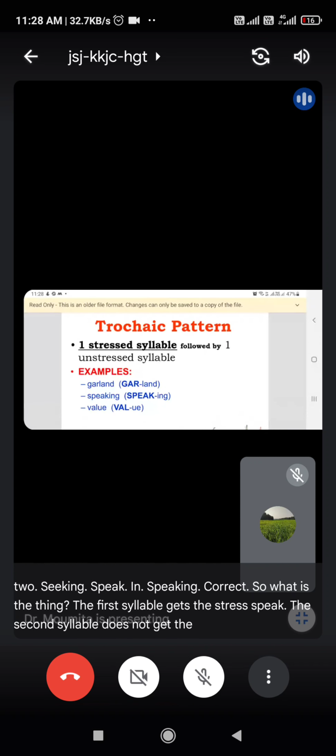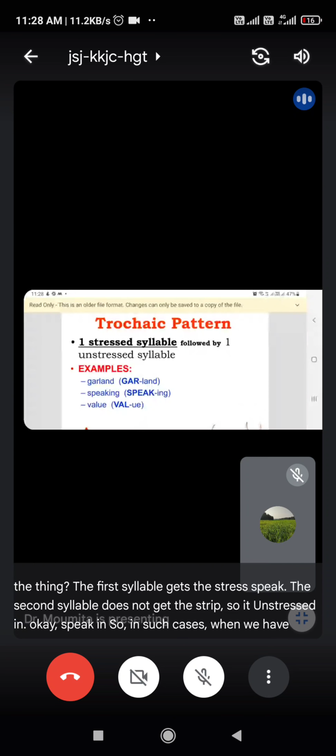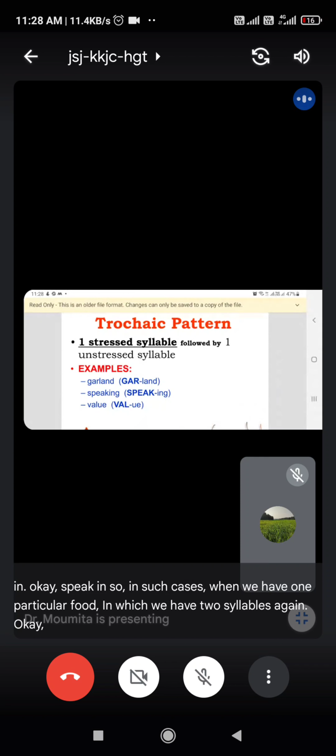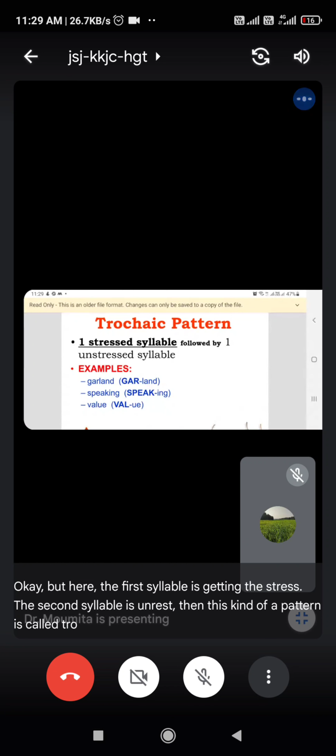So in such cases, when we have one particular foot in which we have two syllables, but here the first syllable is getting the stress, the second syllable is unstressed, then this kind of pattern is called Trochaic pattern.